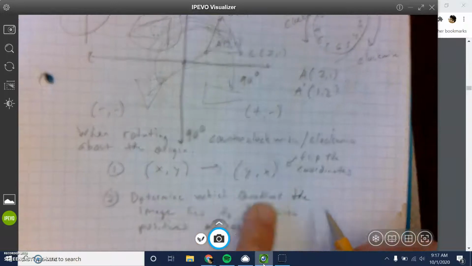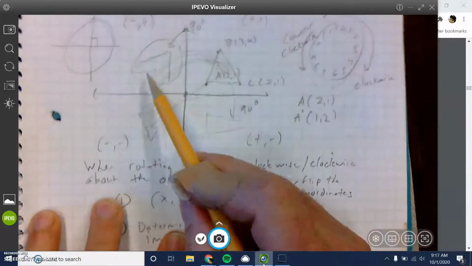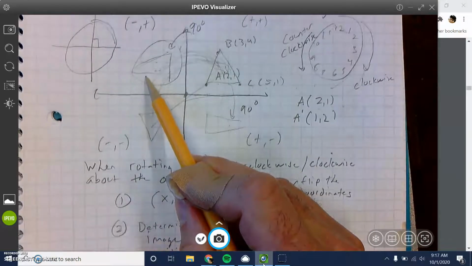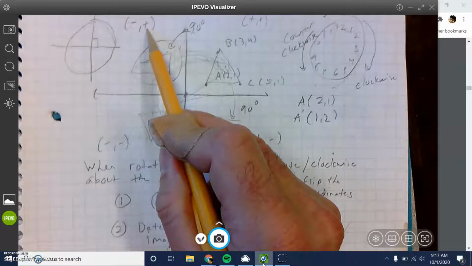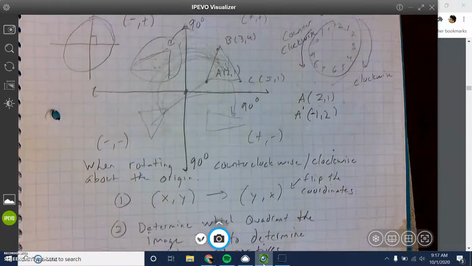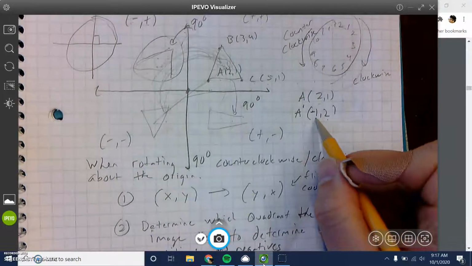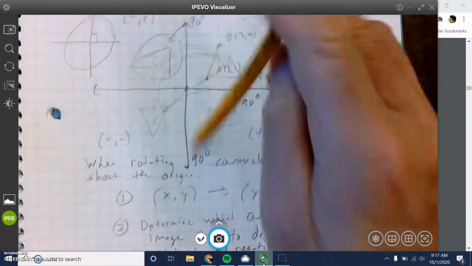Second step, determine which quadrant the image lies in to determine positive or negative. The image is in quadrant 2. What do I know about quadrant 2? It has negative x, positive y. So the answer for A prime is negative 1, 2.